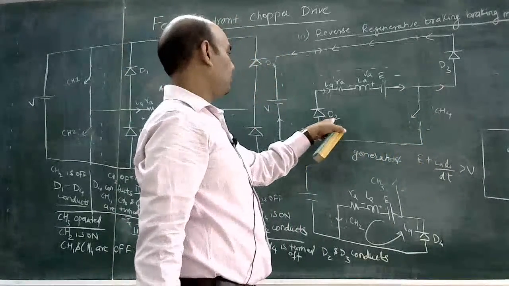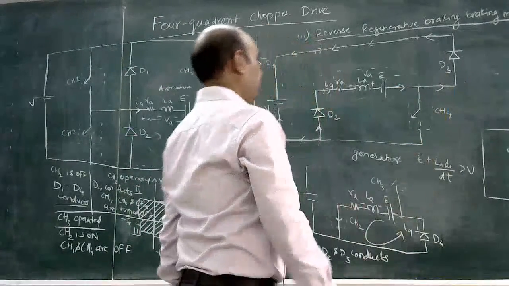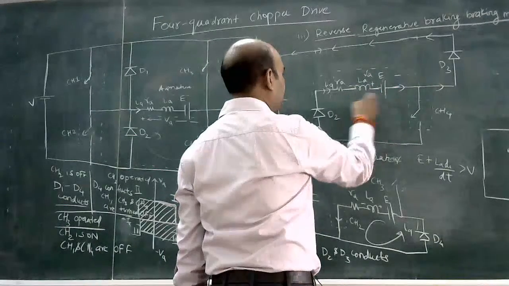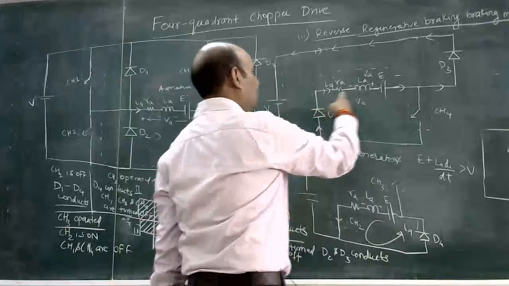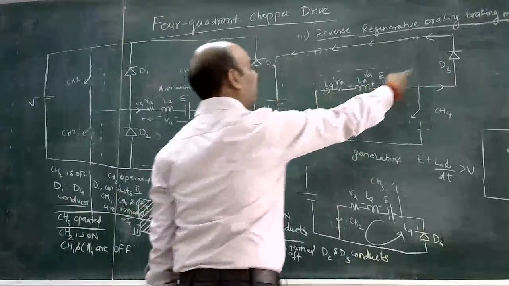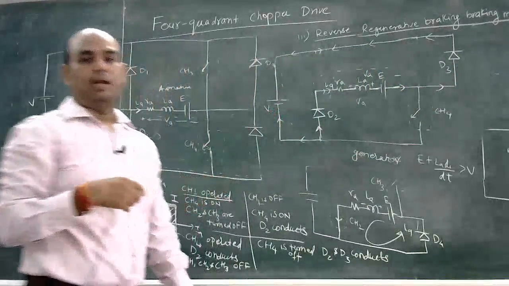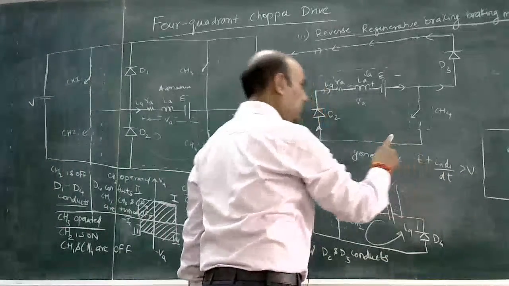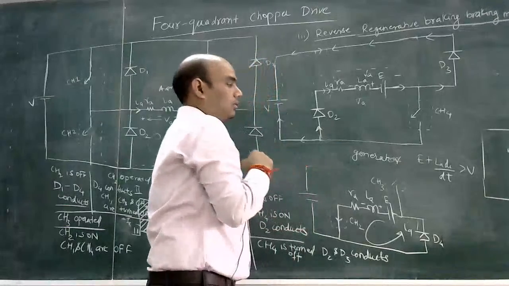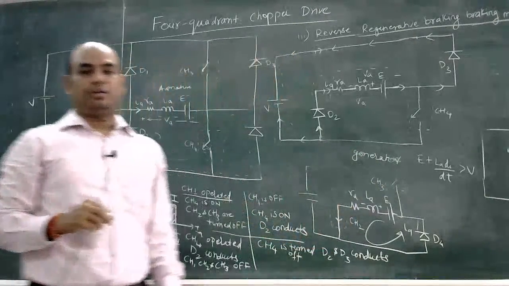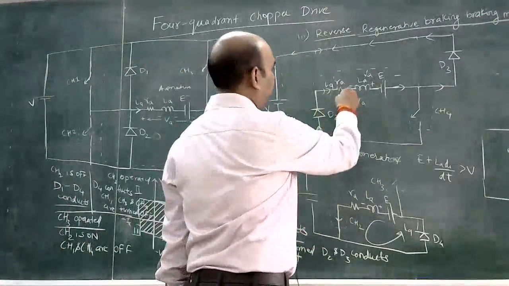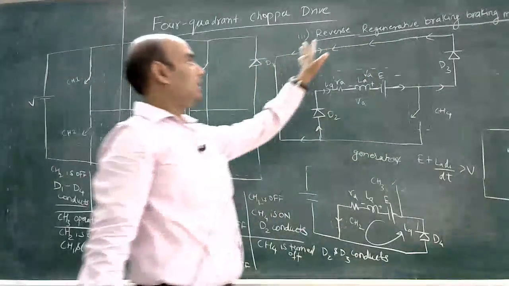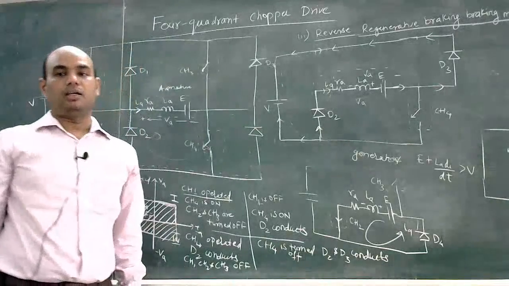Now only two diodes, D2 and D3, conduct, and the voltage across the armature is greater than VA. So again this power will be given back to the supply voltage. So the motor is running in the reverse direction and is behaving like a generator. It will give the generated power back to the supply. So this is known as reverse regenerative braking.